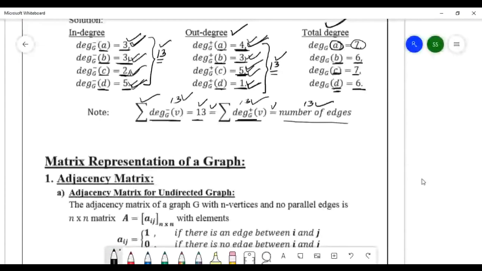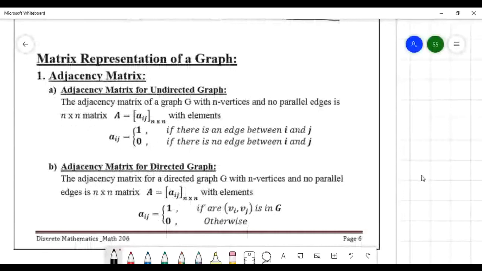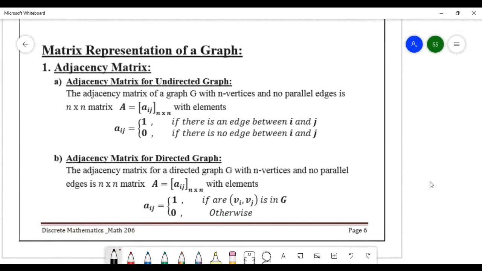Now come to this. This point is here. See this: matrix representation of a graph. Okay, if any graph exists, then how to represent that graph by a matrix.